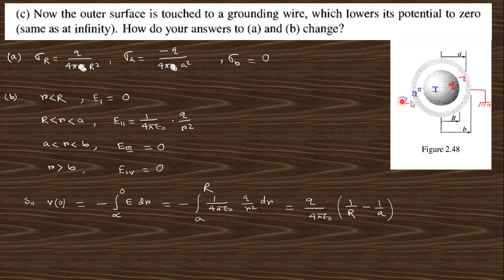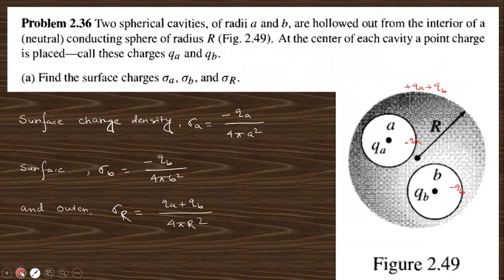So if we touch this to ground, the surface charge density will change, and this potential also changes.